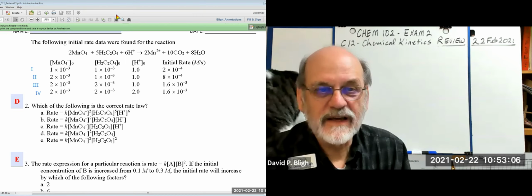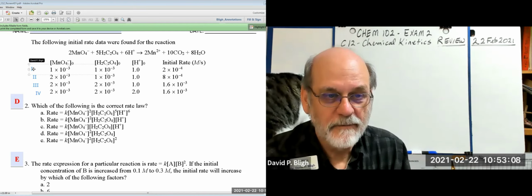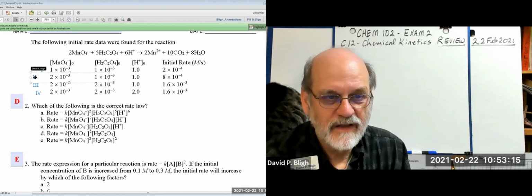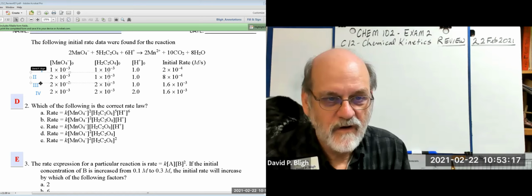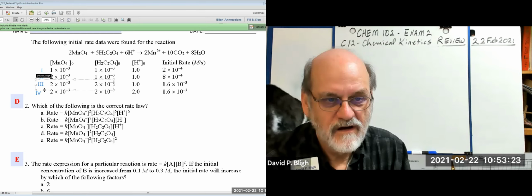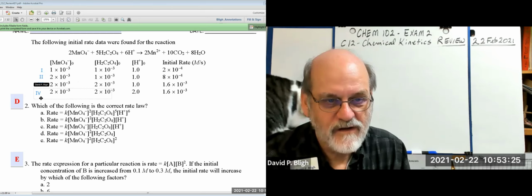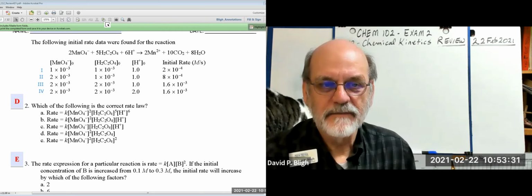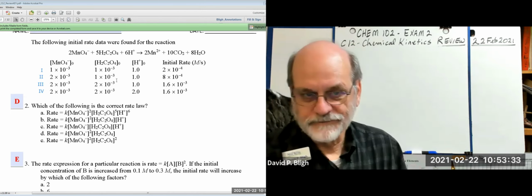Yeah, that's not going to work. Select. Okay, I picked the wrong one. Sorry. So now I need to move this one over. Let's move it over here. And this one we're going to move over here. And this one here. And this one up here. Okay, so each one of these experiments is identified with a Roman numeral.